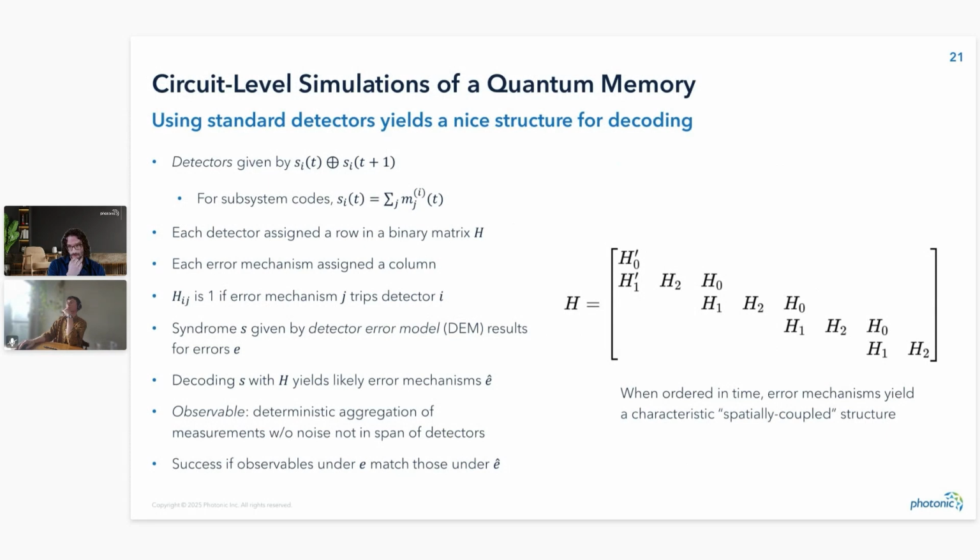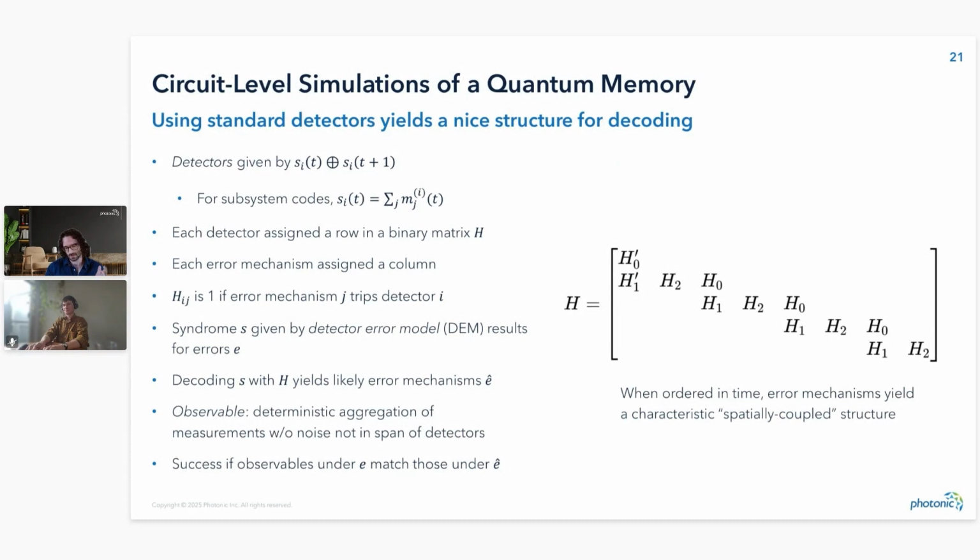And so there are actually a number of ways to define detectors for a given circuit, in the same way that there are many different ways to define stabilizers for a stabilizer error correcting code. But there is sort of a natural way to define detectors in a given circuit level simulation.